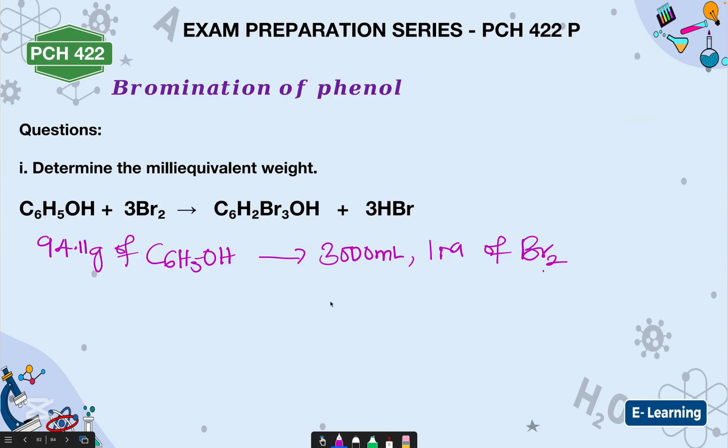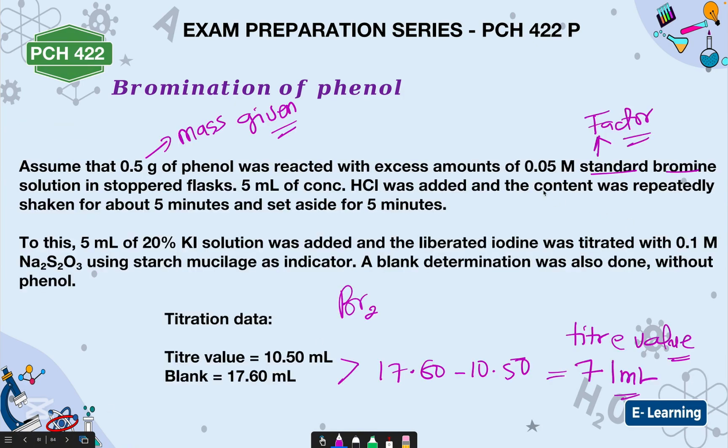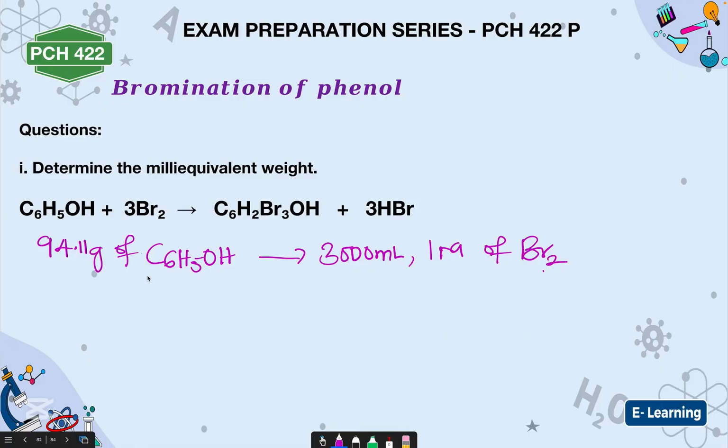The reason they call it milli-equivalent is 1 ml of the standard sample given. So we must convert this 3000 ml to 1 ml, and convert this 1 molar to the molarity given, which is 0.05.